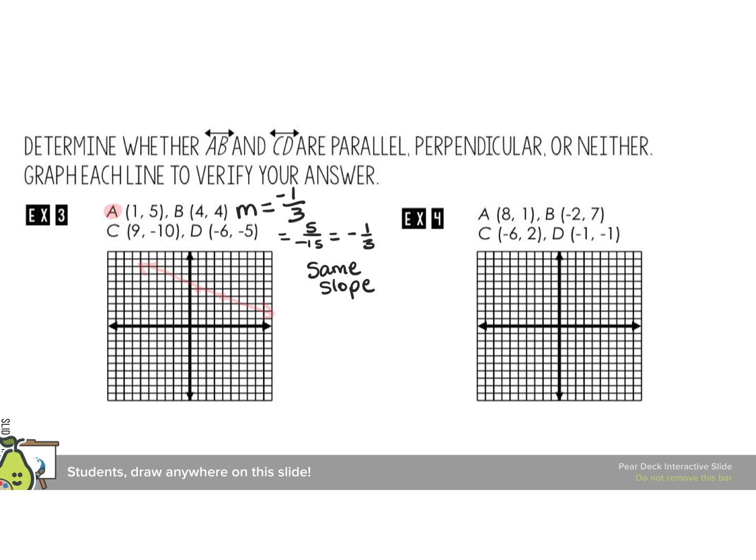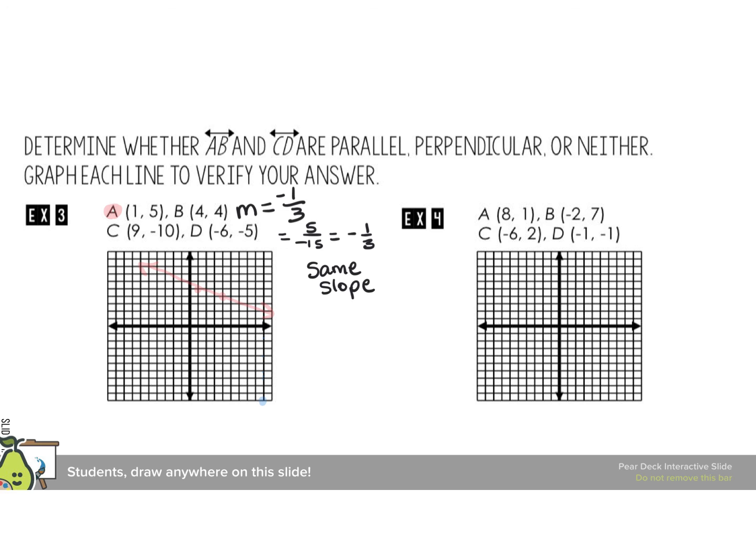The next line I'm going to do in blue. So I have 9, -10. I think it's hard to see. Sorry, let me double check. 1, 2, 3, 4, 5, 6, 7, 8, 9, 10. Right there.